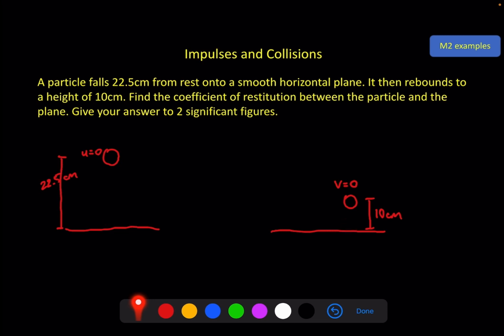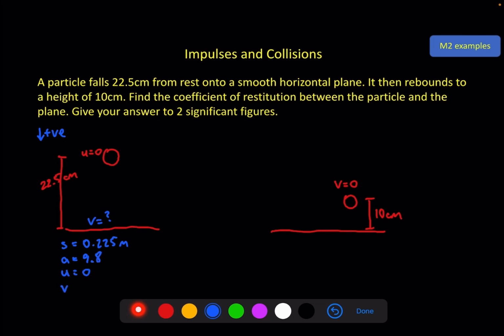And this is a constant acceleration problem. So on the left, we need to know what is v in this situation. s looks like it's going to be 22.5, but really we should put this into meters. It should be 0.225 meters. I'm taking downwards as my positive. a is equal to g, which is 9.8 downwards, so that's positive as well. u is equal to 0.